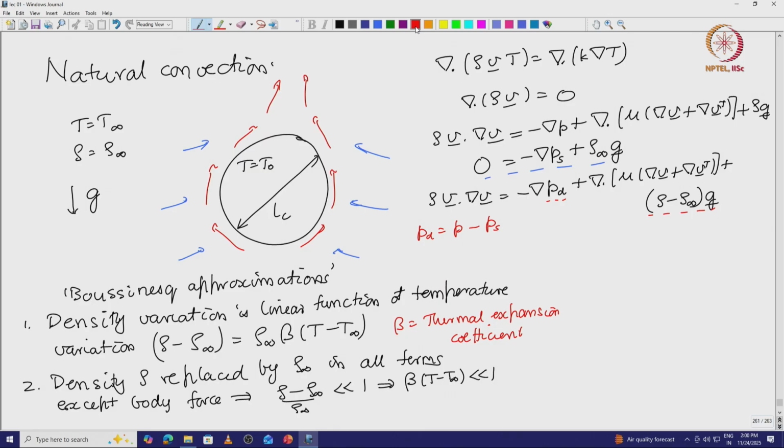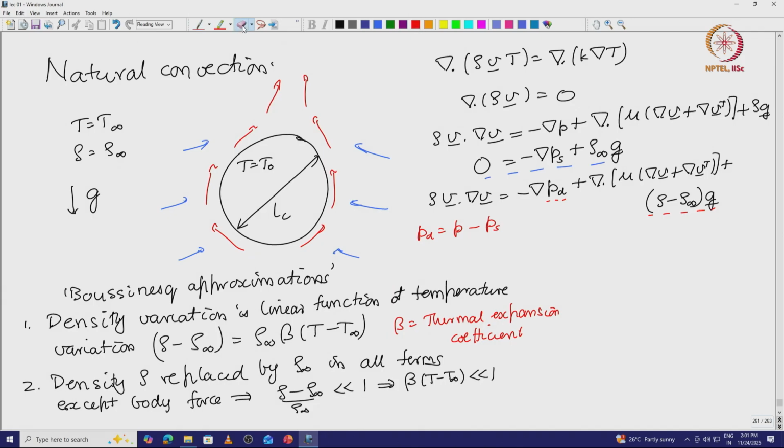The point here is that first of all there is a coupling between the momentum and the temperature field through the variation of density with temperature. So, basically the difference in density between the fluid at the surface of the object and the ambient fluid acts as a body force in the momentum equation, and this body force tends to drive fluid upwards.